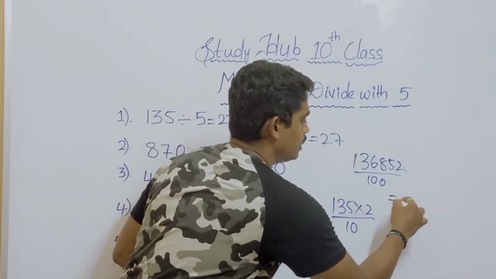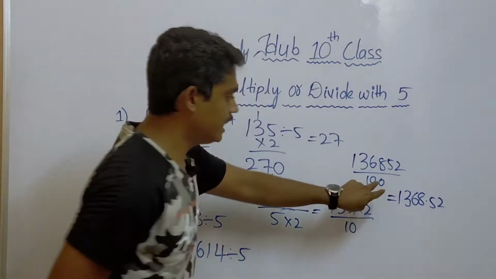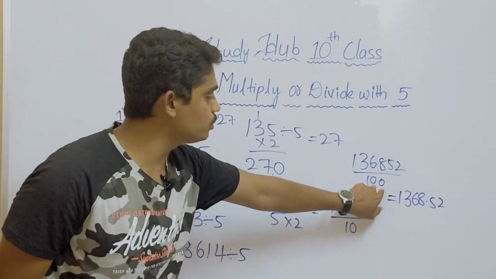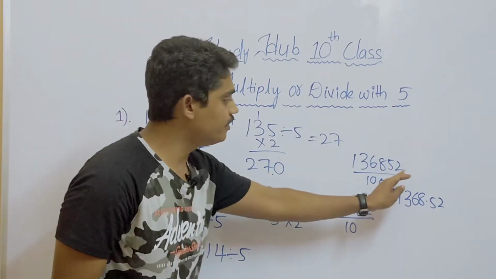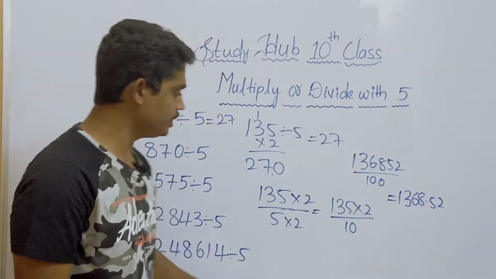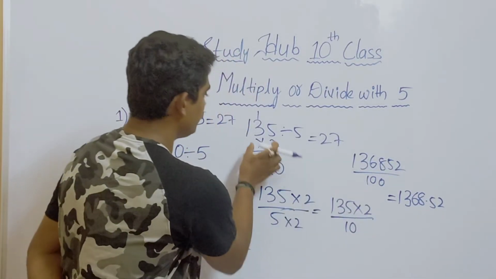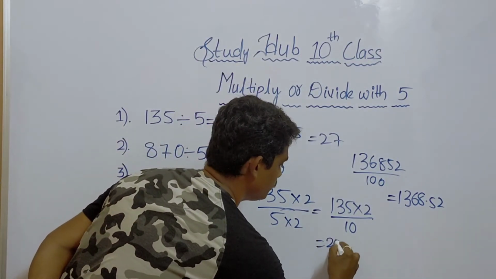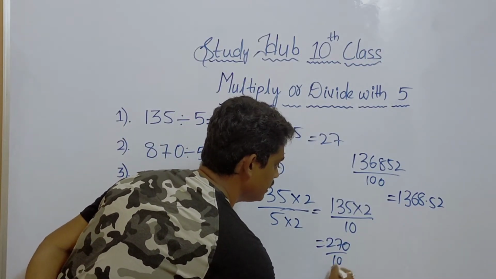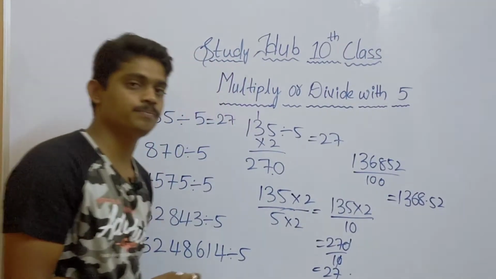So our answer will be 1368.52, because as we have two zeros in the denominator, we will push the decimal by 2 places. In this way, when we have 10 in the denominator, we have calculated 135 into 2, which is 270, and 270 divided by 10, we can write 27. We can also cancel 0, 0.